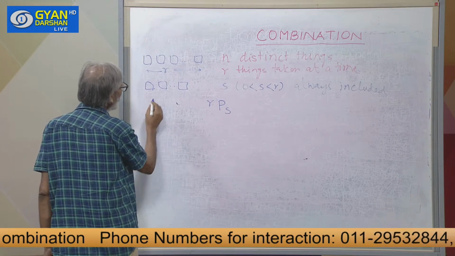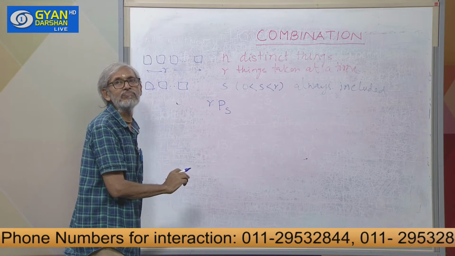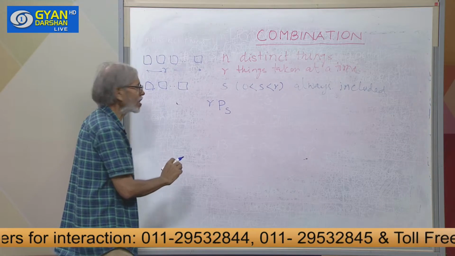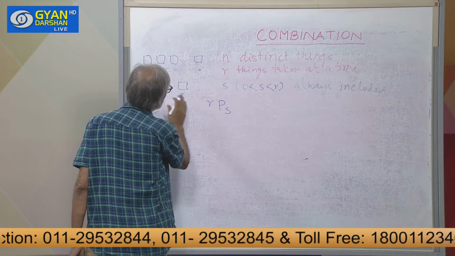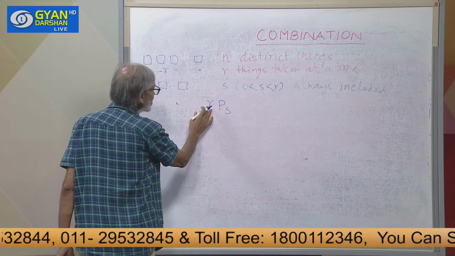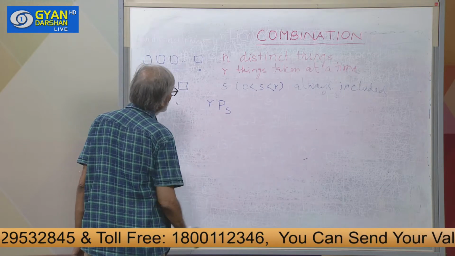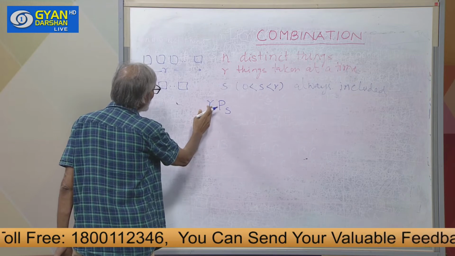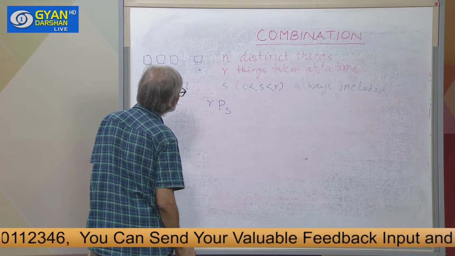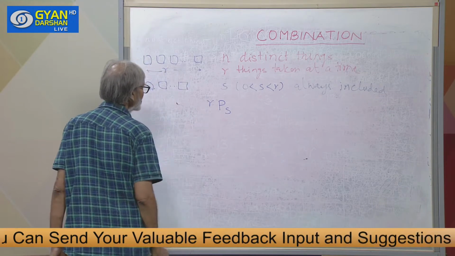So, in how many ways can it be done? It can be done in rPs, that is out of r you can choose s things in rPs ways.